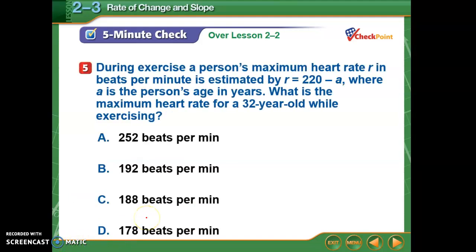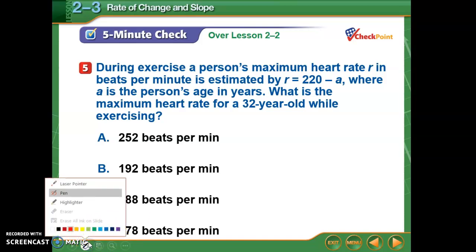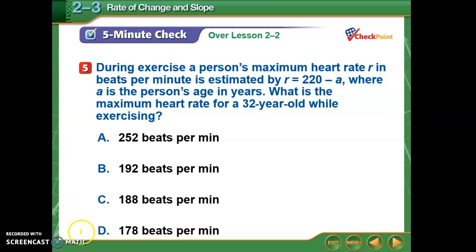Alright, word problem. Go ahead, read the problem and then try to work it out. During exercise, a person's maximum heart rate, which is your R, in beats per minute is estimated by this equation.